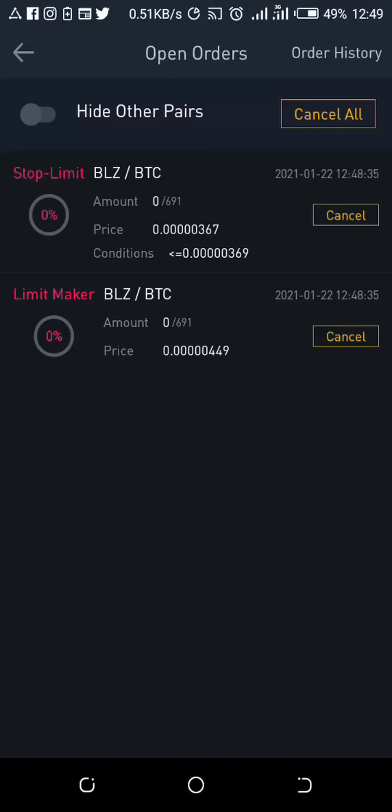So first of all, the one says stop limit. So the first order here is going to stop our loss. When the price reaches 367 Satoshi, it will be sold. Then if the price reaches 449 Satoshi, it will also be sold, and we have a profit.